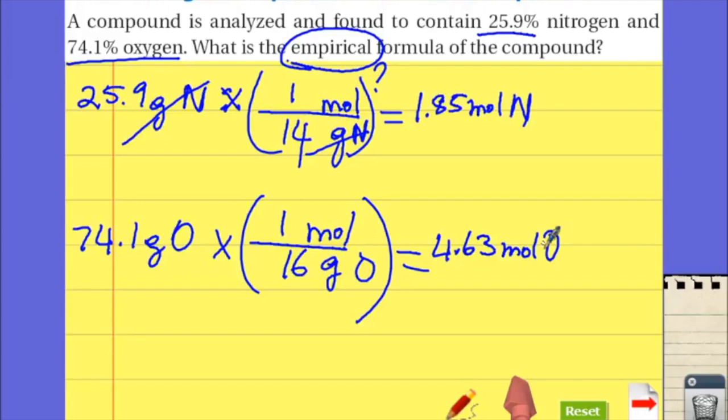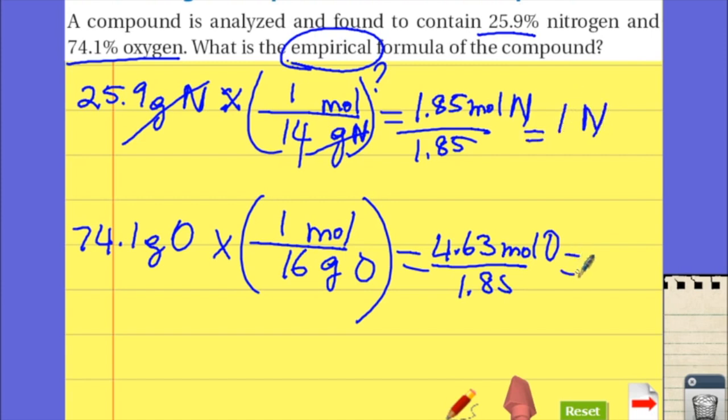The smallest one of those moles is 1.85. Divide by 1.85. So what is one? This is 1 nitrogen, and what is 4.63 divided by 1.85? 2.5. This is for my oxygen.